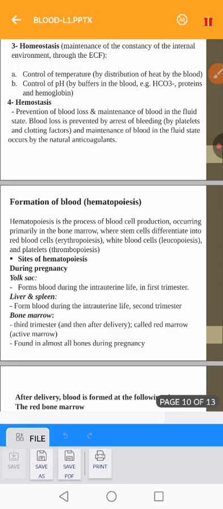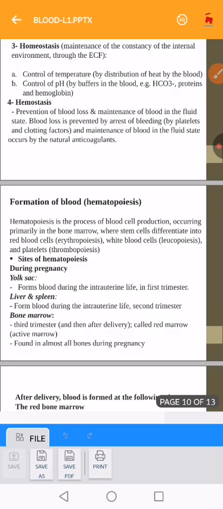So when the blood is synthesized in the bone marrow, the cell is called a stem cell. That stem cell differentiates either to red blood cells through erythropoiesis, or to white blood cells through leukopoiesis, or to platelets through thrombopoiesis. We have many sites of hematopoiesis throughout our life.